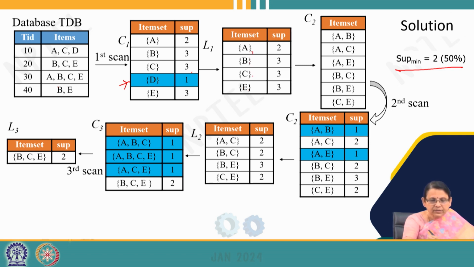A, B; A, C; A, E; then B, C; B, E; then C, E. So, after doing this, we have to make a second scan of the database. So, we have to go back to the database here and look for in how many places A, B is occurring. A, B is occurring once, we saw, A, C twice, A, E once, and so on. So, we find out the frequencies.